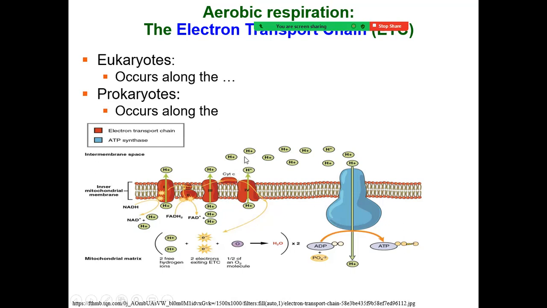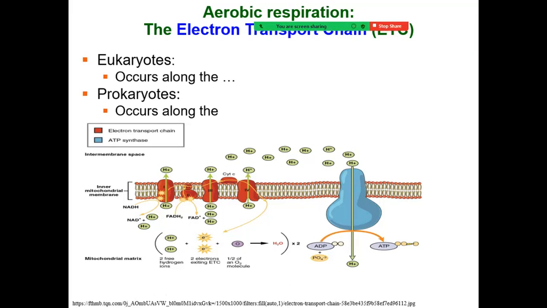So there's an electric attraction for the hydrogen ions to move to this side. The other reason is there's more hydrogen ions on this side than on this side. And hydrogen will want to move from areas of high concentration to areas of low concentration. And so this hydrogen pumping creates two forces, and then the hydrogen ions want to move this way.